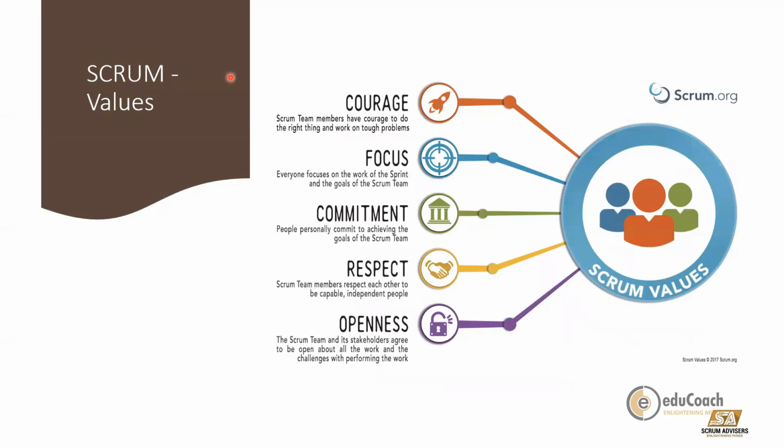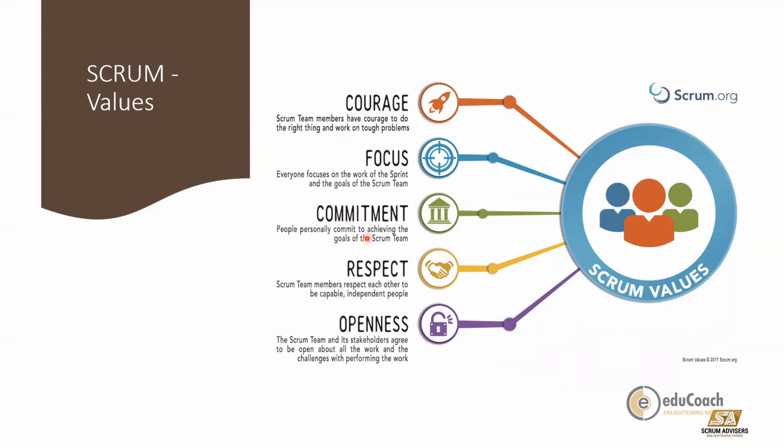Just to emphasize the Scrum values that we just went through: courage. Scrum team members have the courage to do the right thing and work on the tough problems. Focus. Everyone focuses on the work of the sprint and the goals of the Scrum team. Commitment.